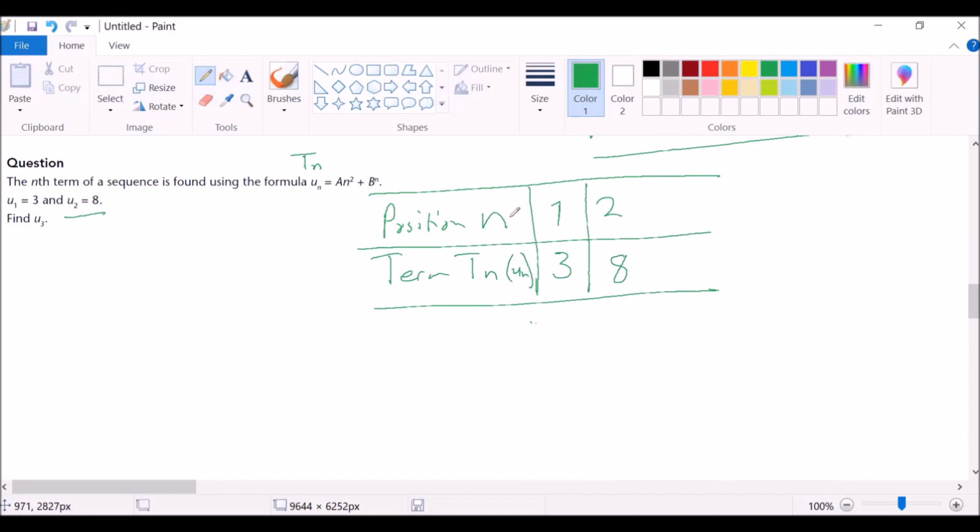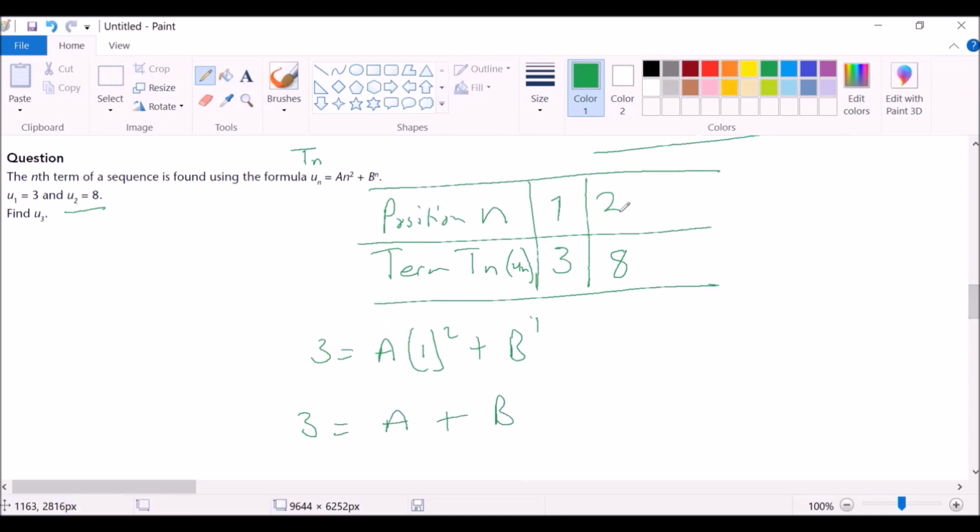For position 1, n is 1 and the term un is 3. So we can say, substituting into this formula, 3 is equal to a times 1 squared, since the value of n is 1, plus b to the power 1. Then we have 3 is equal to a plus b.